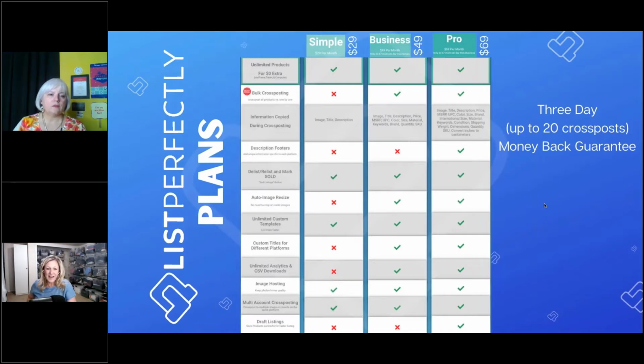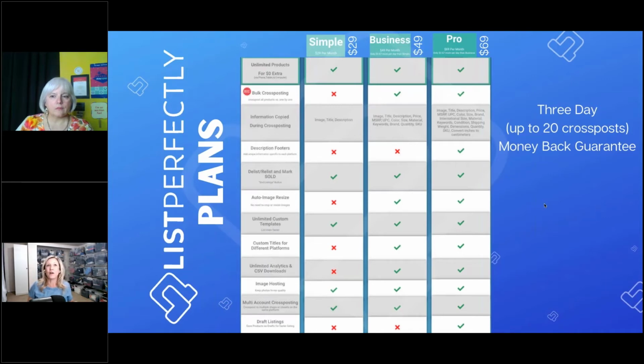Nice. Yeah. And everybody has a system. Some people are like, well, I'm just going to list to eBay and then I'm going to wait 2 weeks and then I'll cross post it to one platform. And that's okay too. Some people will use List Perfectly and say, hey, I've got 500 items in my eBay store.